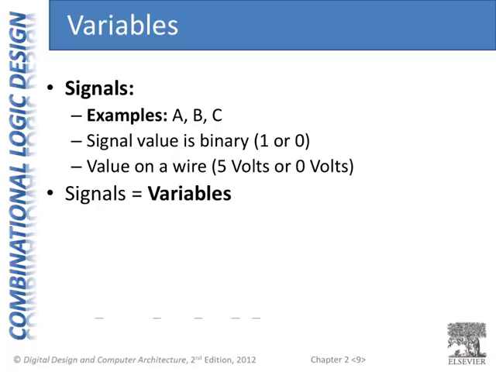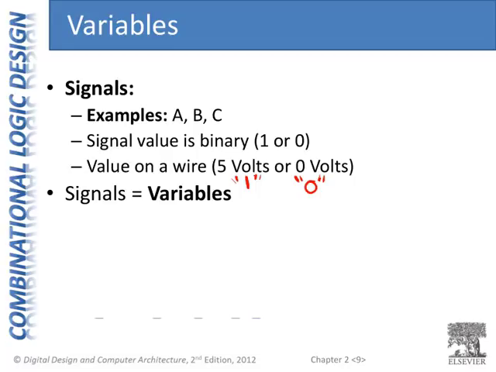And that way, these systems are actually kind of simpler than many systems we have to deal with, specifically analog systems. And that value is determined by the voltage on a wire. So for example, 5 volts for R1 indicates that there's a 1 on that signal, or that the signal value is 1, or 0 volts, which would specify a 0 value of that signal.